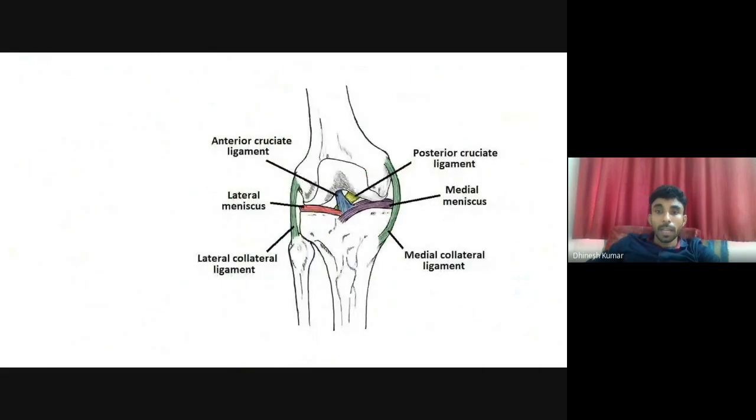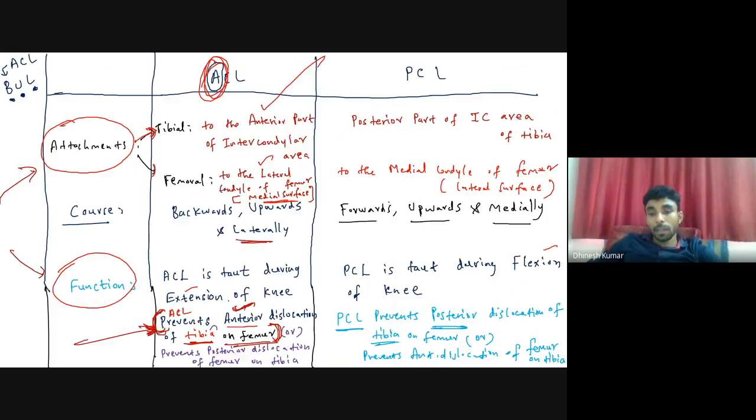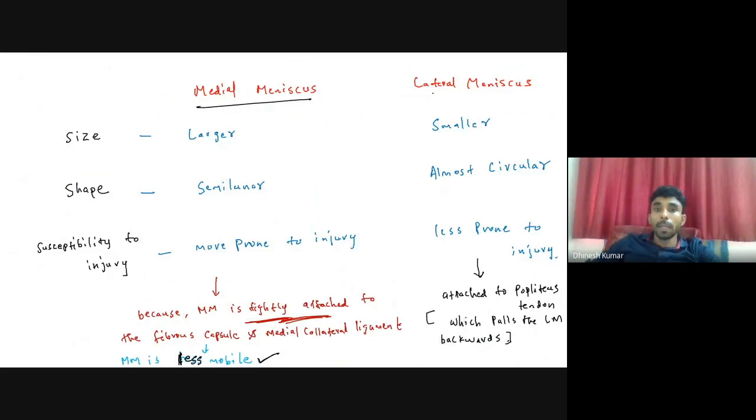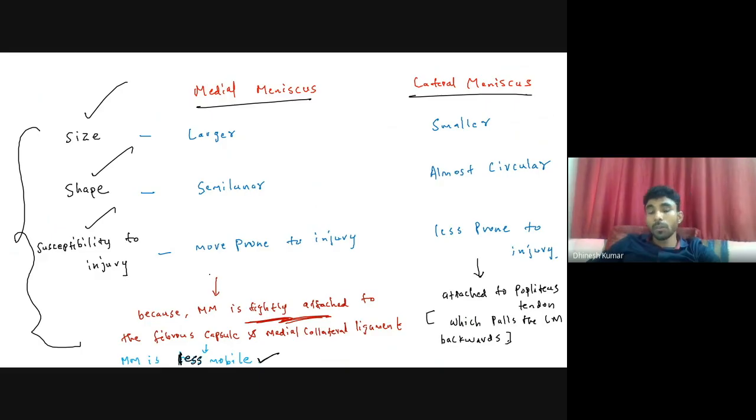In this diagram you can see the anterior cruciate ligament, and the location of the lateral meniscus and the medial meniscus. The sub question for the lateral and medial meniscus may be a comparison regarding size, shape, and susceptibility to injury. Go through it.